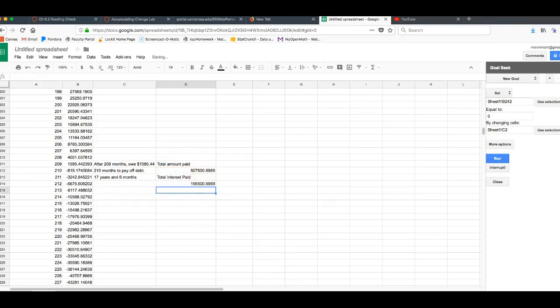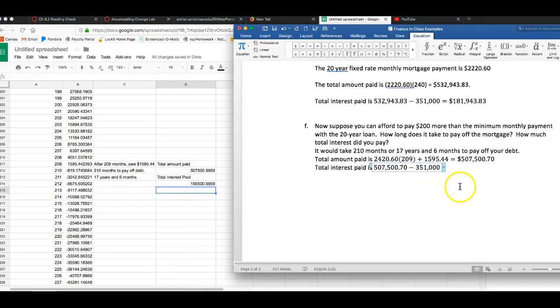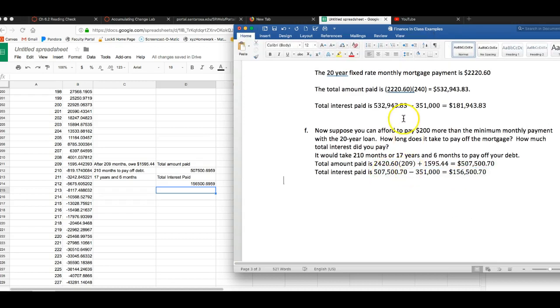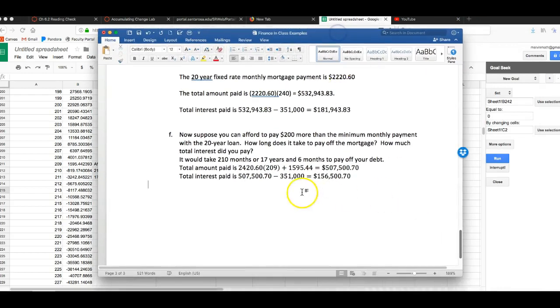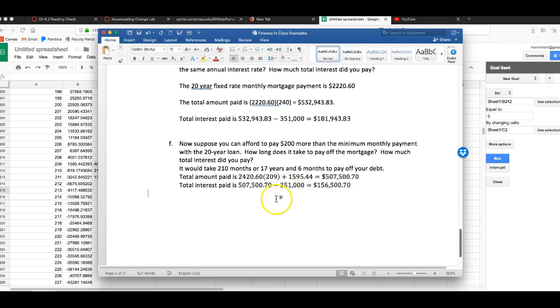So $156,570. Just as a big picture item, total interest paid is the total amount paid minus your initial debt amount.